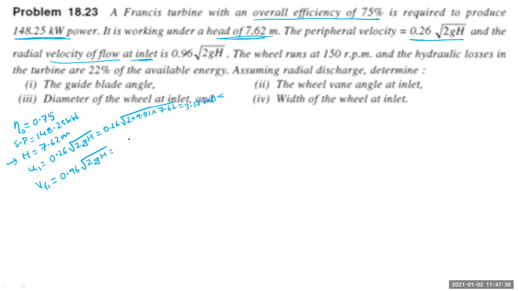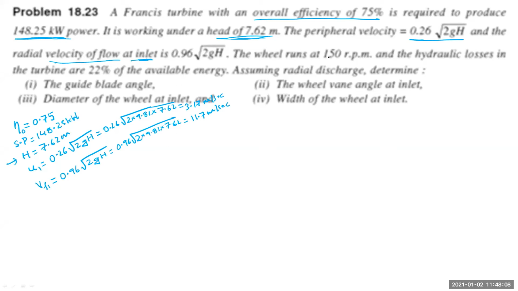Similarly, you will get for Vf1 also 0.96 into root under 2 into 9.81 into H. H is again 7.62. How much you are getting for this one? 11.7, sir. 11.7 meter per second. So whatever the value is given, and what formula we know, we will calculate it.